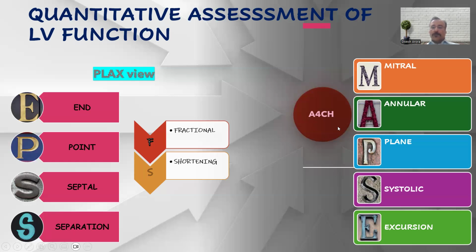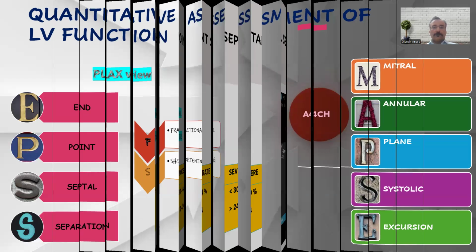In apical four chamber view, once we get a good view, we can perform the examination known as MAPSE, which is an acronym which stands for mitral annular plane systolic excursion, which measures the excursion of the mitral annulus towards the LV apex. So in subsequent slides, I'll tell you how to assess these quantitative parameters.